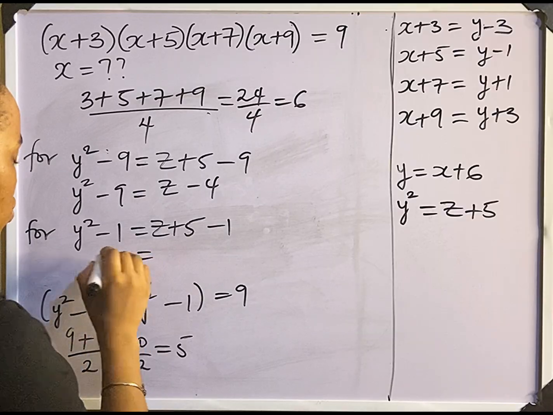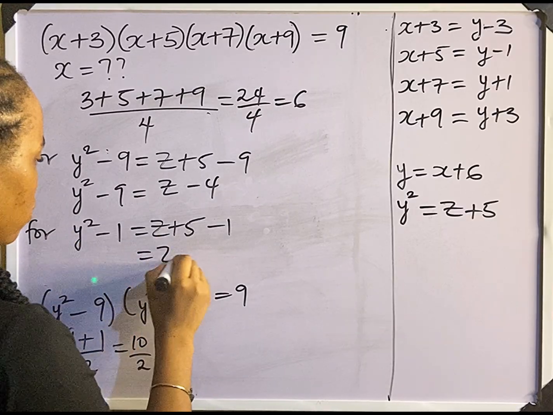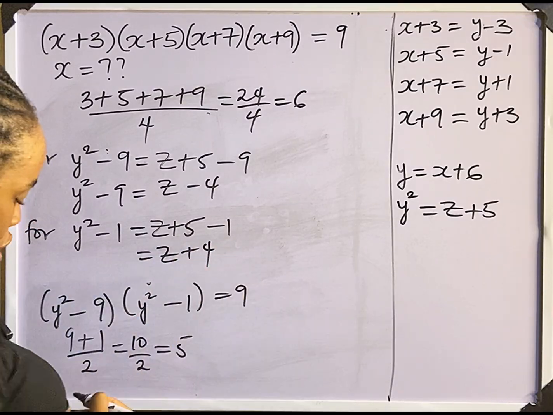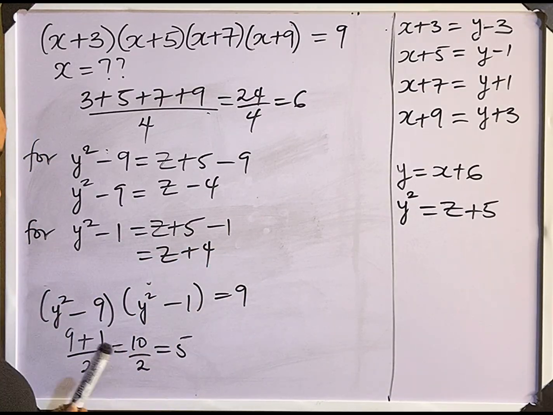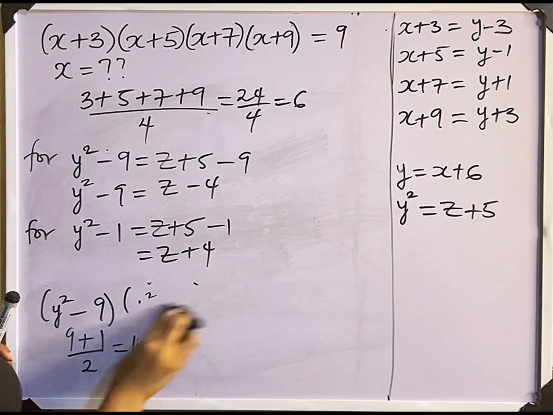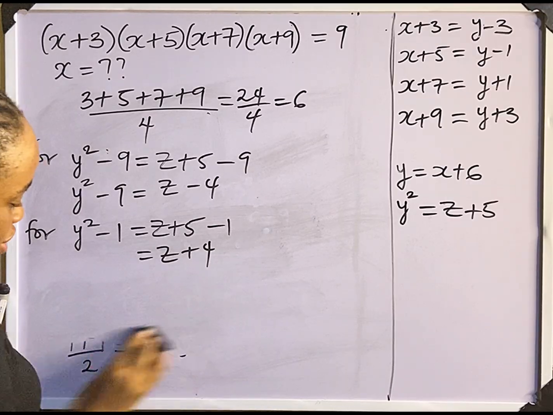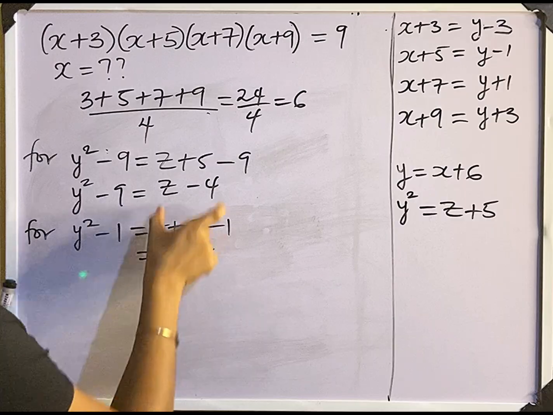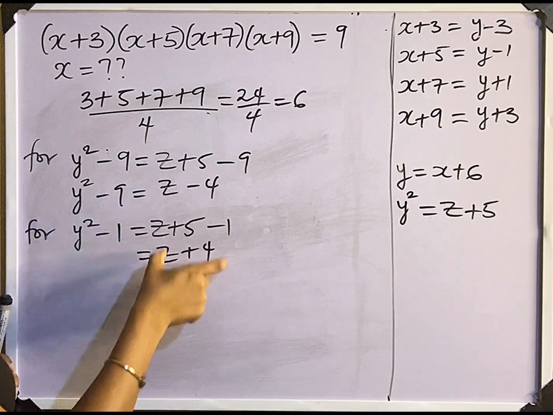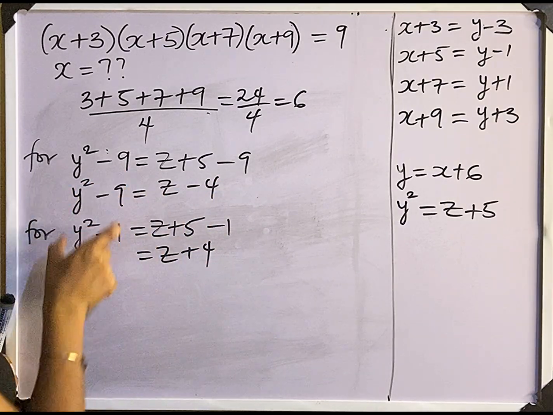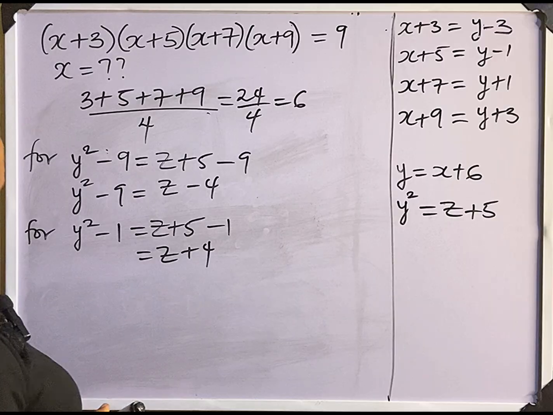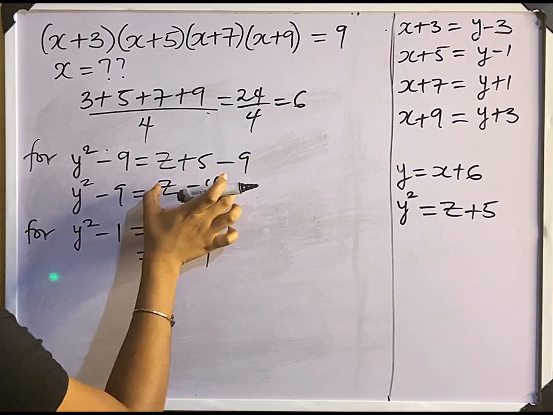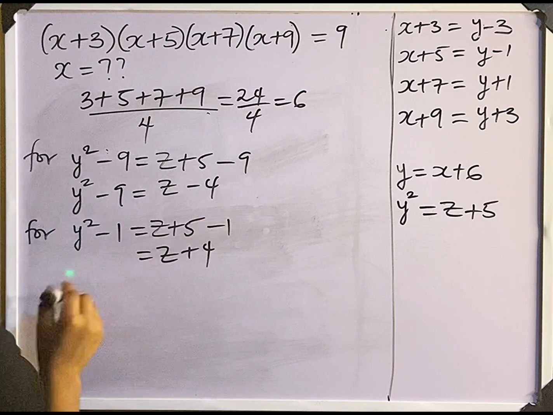So this gives me z plus 5 minus 1, which gives me z plus 4. Now I believe you're seeing something here because I'm already seeing something here. So I'm going to replace this for this. So instead of having this and this, we're going to be having this and this. So this becomes what?